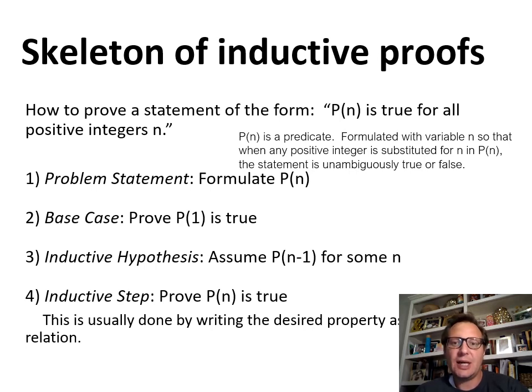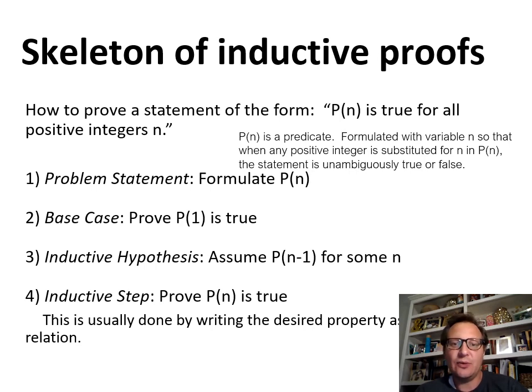So in every inductive proof, first we should formulate our problem statement, meaning we should decide and formulate what our P of n is. Note that P of n is a predicate. It's formulated using variable n, so that when any positive integer is substituted for n in P of n, the statement is either true or false, without any doubt.